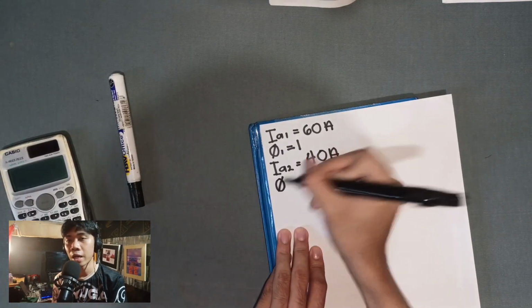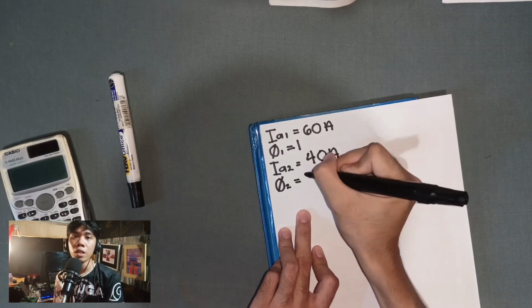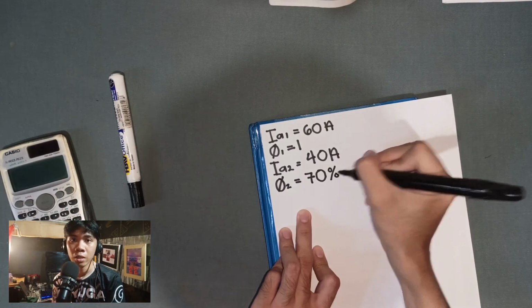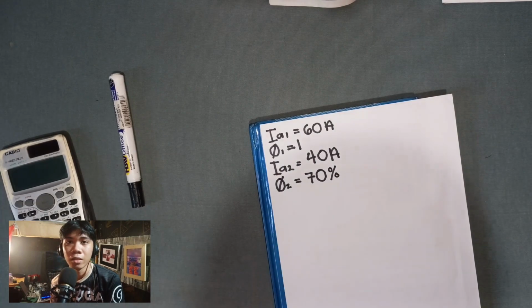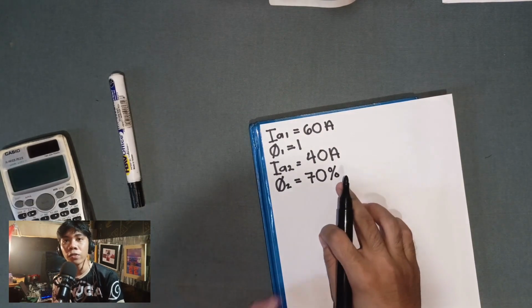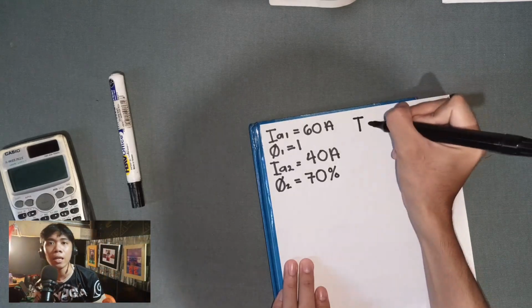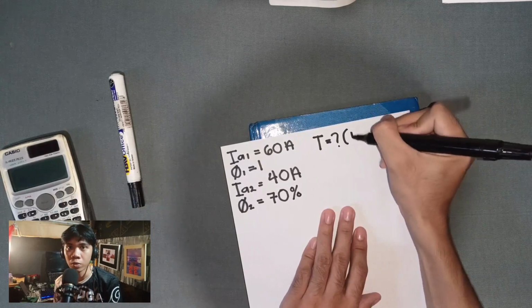After that, we're going to write the flux sub 2, which is 70%.